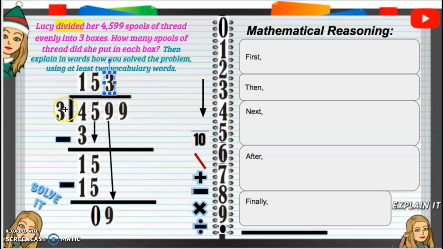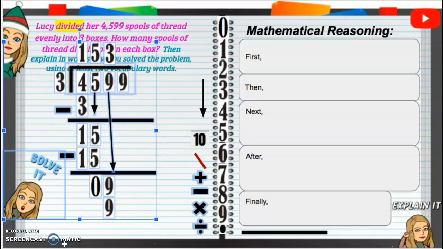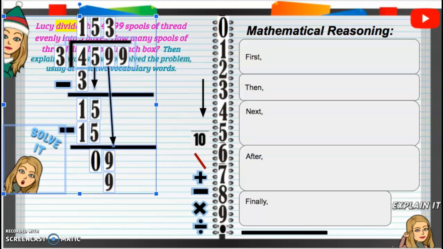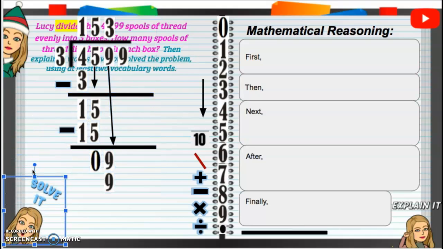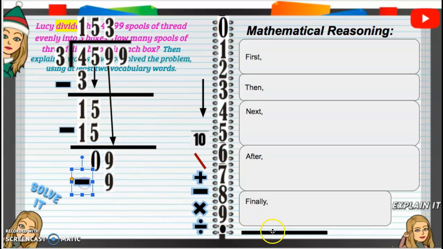So I'm going to put that 3 up here. What is 3 times 3? It is 9. I am going to take this and move it up. All right, so now we're going to do 9 minus 9, and 9 minus 9 is going to equal 0.